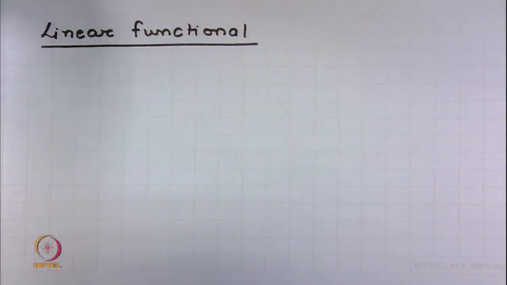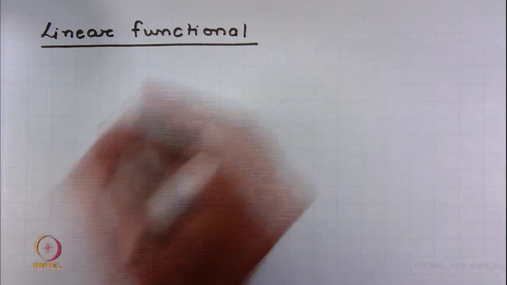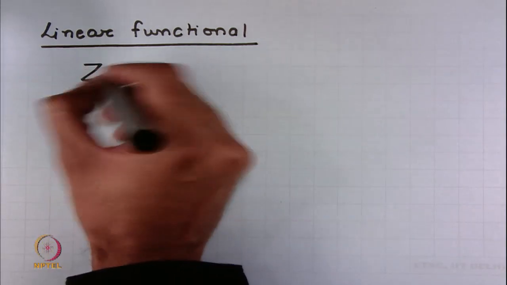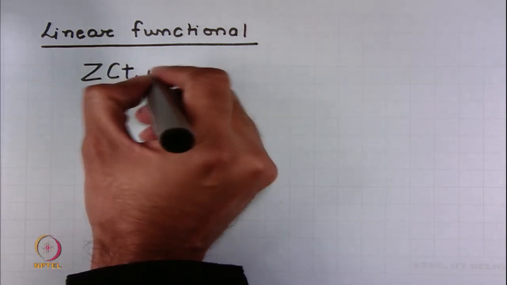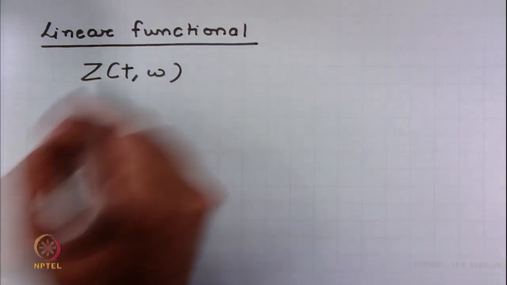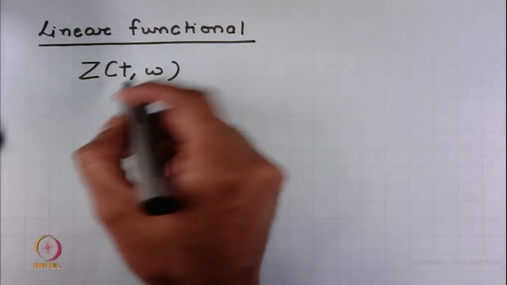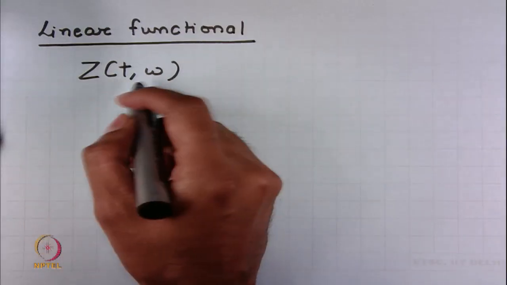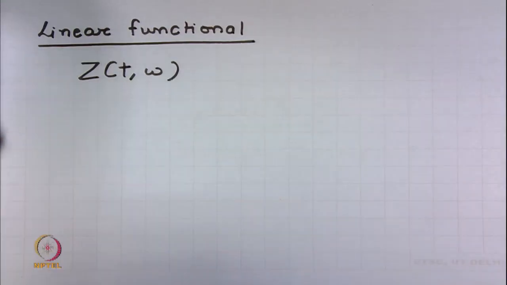So, what is a linear functional? If you have a random process, remember that a random process is usually denoted with a capital letter, and it is a function of two independent variables, time and outcome of the experiment.